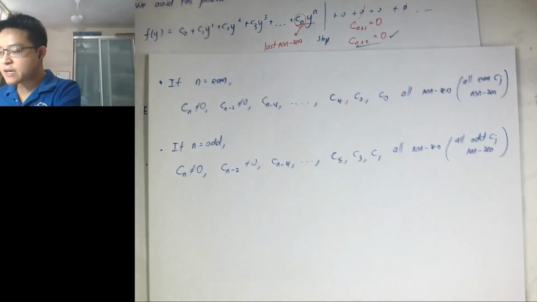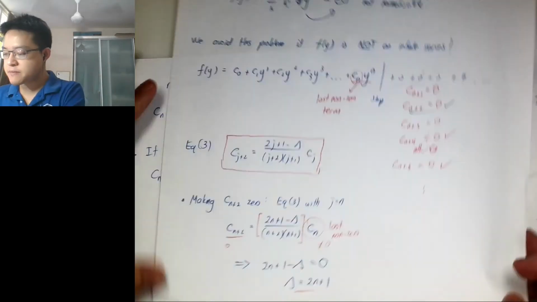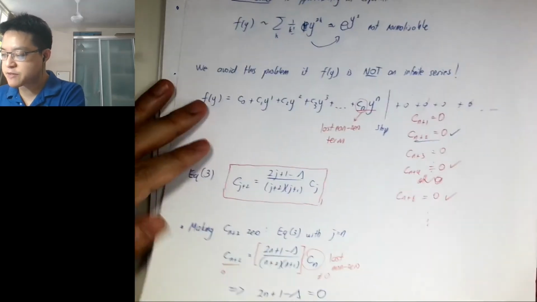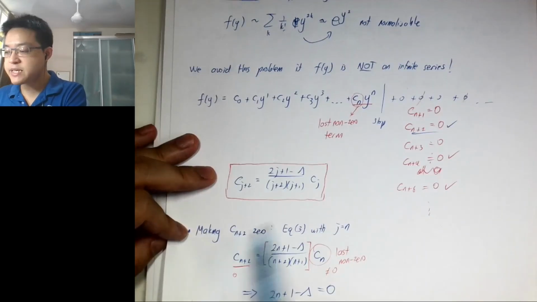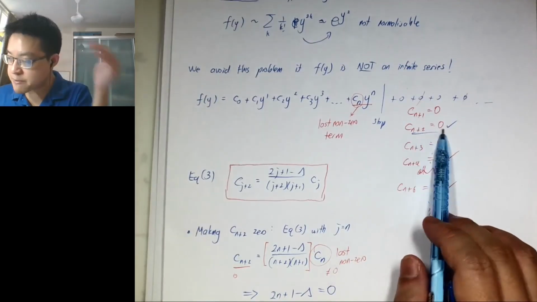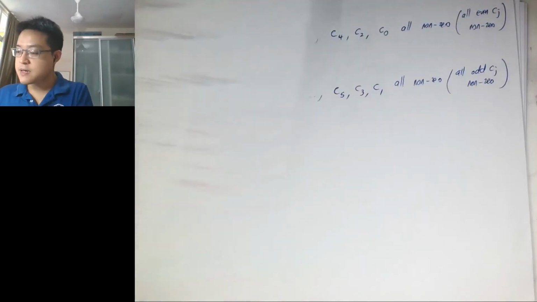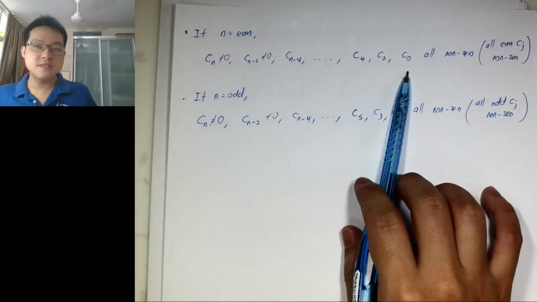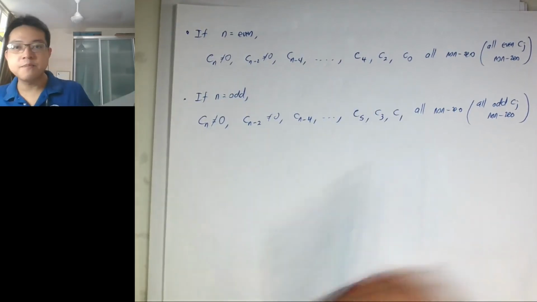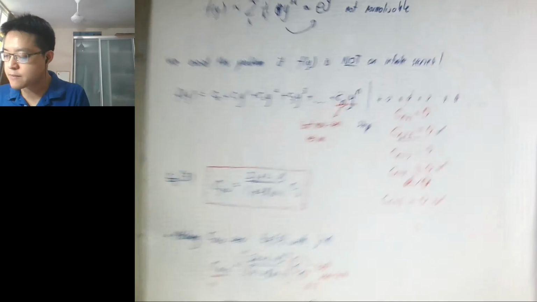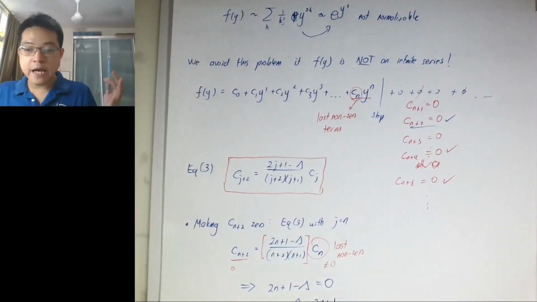So we have kind of figured this out already. We have extracted at least this much information just by making Cn plus 2 all 0. So if Cn plus 2 is 0, 0, 0, 0, but if you go backwards, the even ones are non-zero or odd ones are non-zero, depending on the n. Okay, but we haven't done this yet, right?